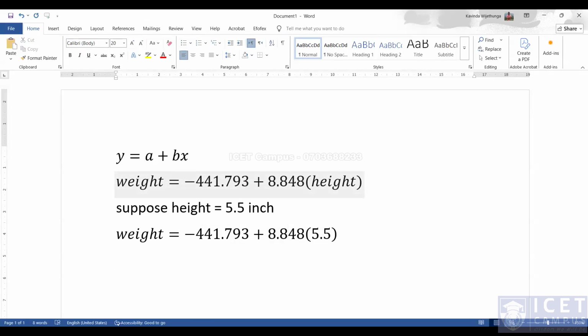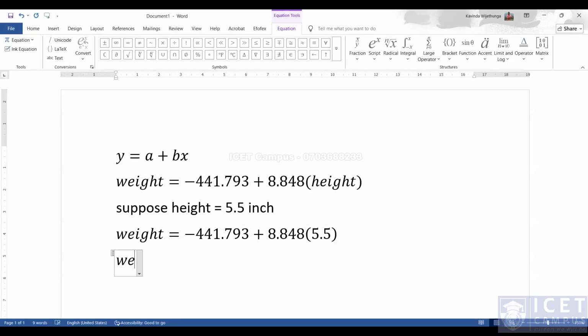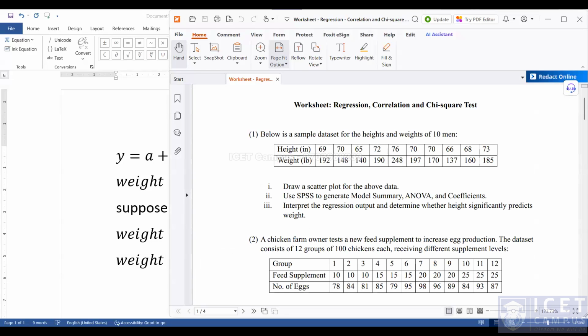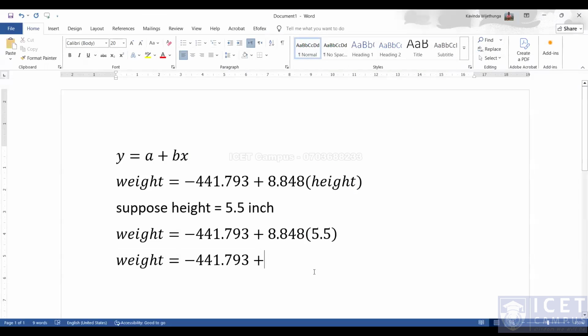Then we'll see what the value is. So we can multiply this, and after simplifying, you can calculate the required value, right?